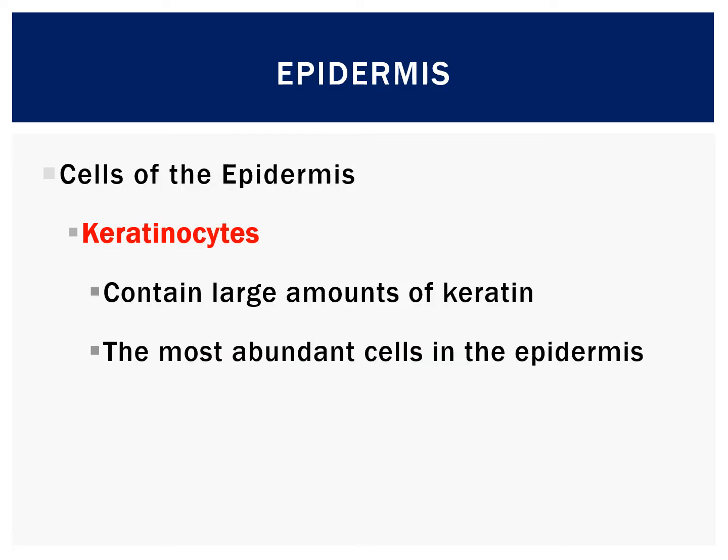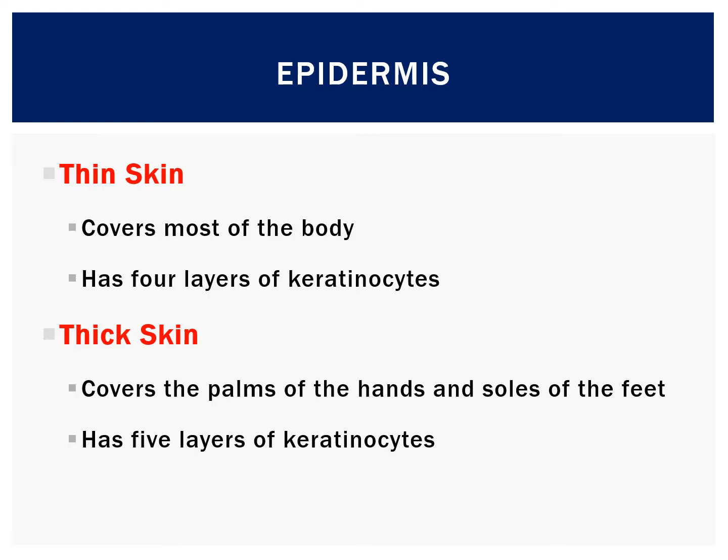The cells of the epidermis are called keratinocytes. By now, when you hear the word cyte, it means a cell. So keratinocytes are keratin cells. They are the most abundant cells in the epidermis. The epidermis has thin skin and thick skin.